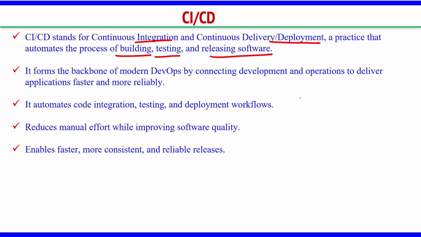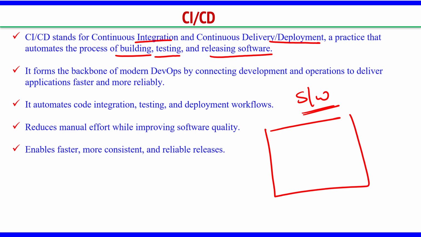Once a software requirement is given to you, after that you will start writing the code. From that point to testing this code and to deploying this code, till the deployment of the code, we do everything automatically, and that automation is possible with the help of the CI/CD concepts.